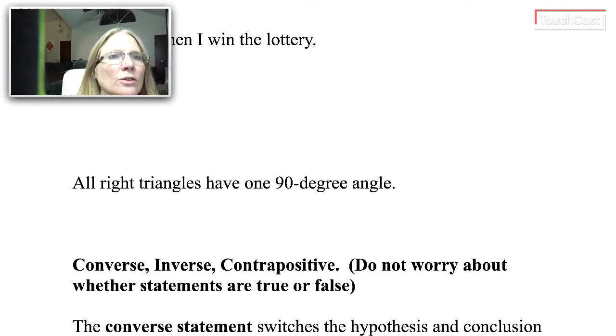All right triangles have one 90-degree angle. So think about it and see how you would write this one. I'll give you just a second.